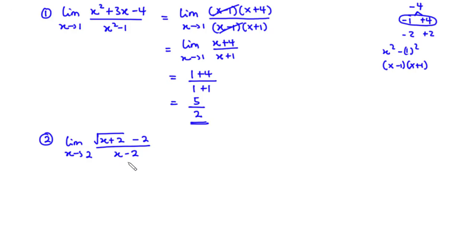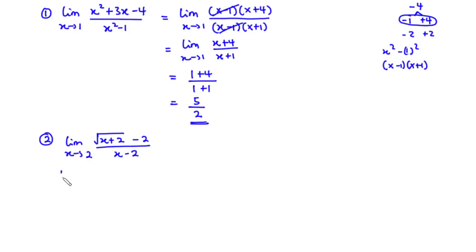Now to find the limit of this function, the best thing to do is to rationalize this function. Now we have the numerator to be a surd, that is the square root of x plus 2 minus 2. Now this is a surd, so we need to rationalize this surd in order to find the limit as x approaches 2 of this function.